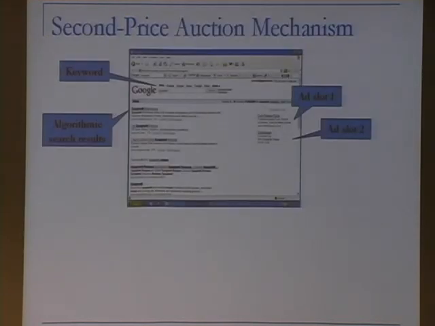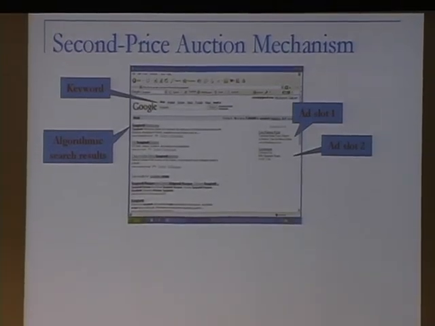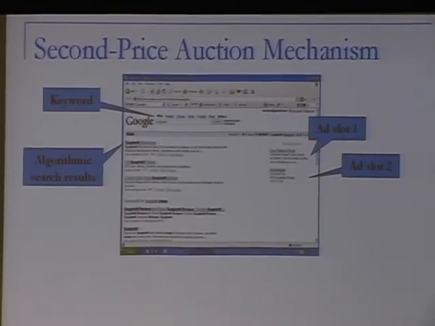So I want to talk about this market design of the pay-per-click advertising, and in order to do that, I want to introduce to you what I assume is a general framework for what the three major players in this market are using these days, being Google, Yahoo, and MSN.